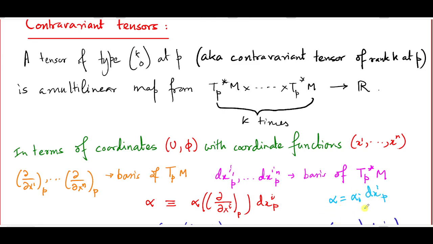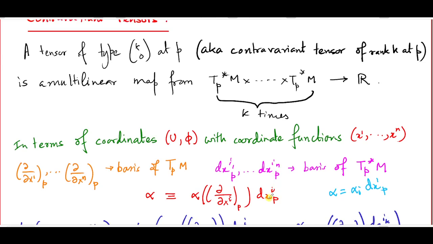And alpha_i, these numbers, are nothing but the values which you get when alpha, the covector, acts on the coordinate basis vector del xi at the point p. So we get this result that alpha is alpha(del xi at p), the component alpha_i, times dxi at p, of course summed over all i.